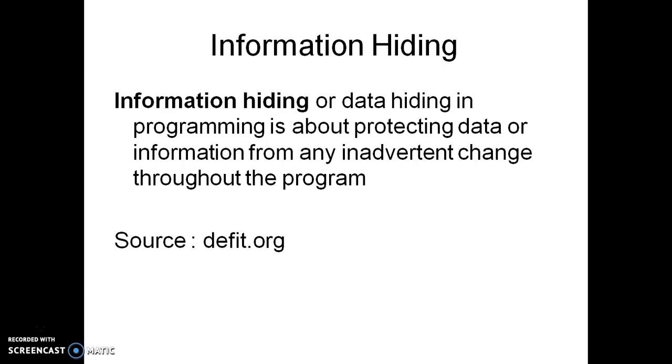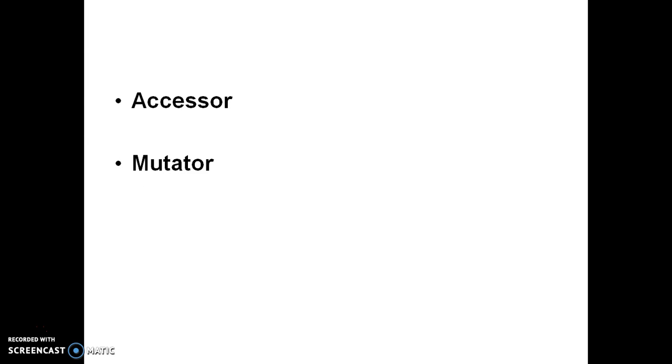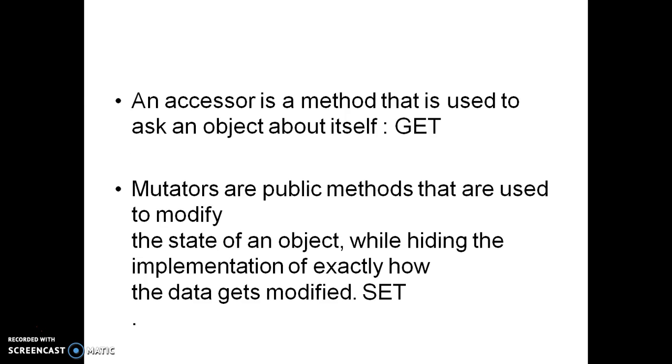Another object-oriented concept is information hiding or data hiding, and in object-oriented programming, this is considered to be protecting the data from any inadvertent change throughout the program. So let's take an example of accessor and mutator methods. An accessor is a method that is used to get some information about the object through the get method.